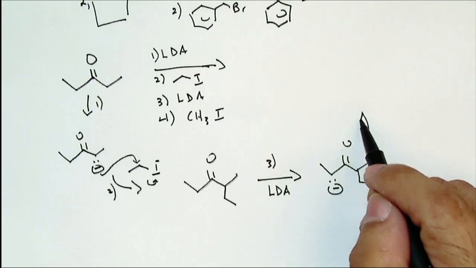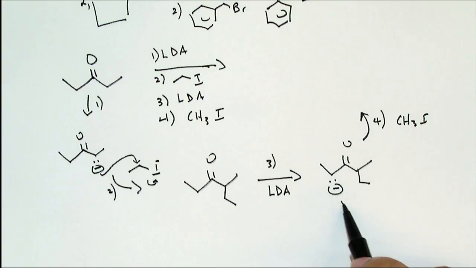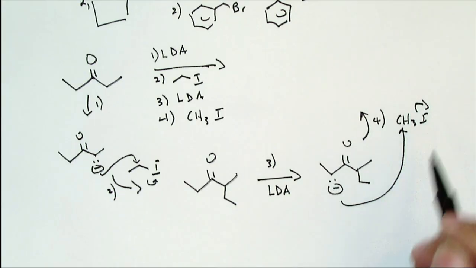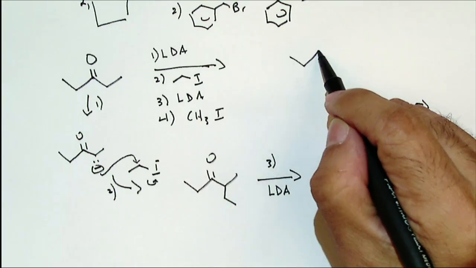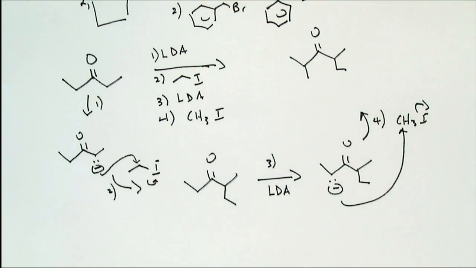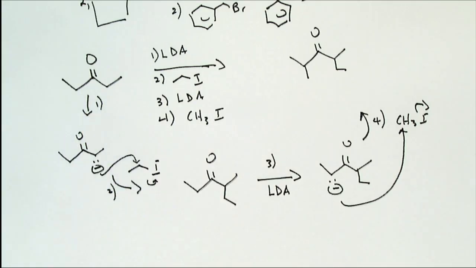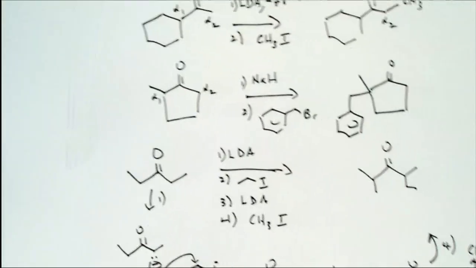And so then in the fourth step, when I add methyl iodide, that is the nucleophilic carbon which adds here, and you kick that out. So my product is going to be where I add the methyl group there. So that is the product that I'm going to get, an ethyl group here and a methyl group there. So that's just to illustrate the whole business of kinetic versus thermodynamic enolate.